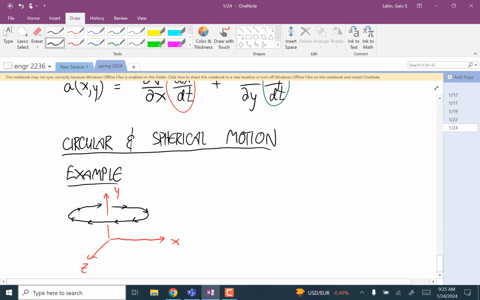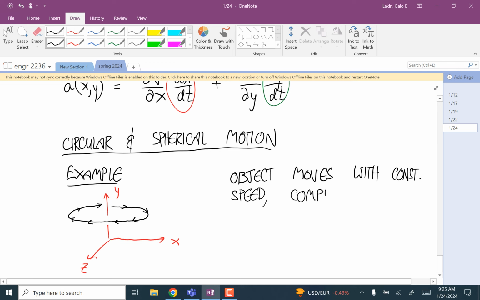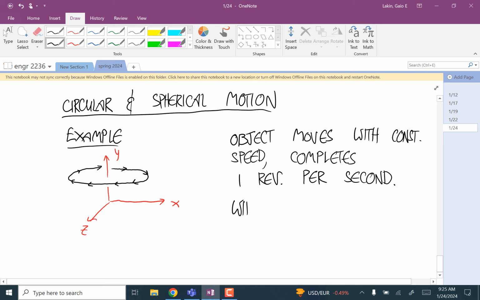And this object moves with a constant speed and completes one revolution per second. And we want to know what's the angular velocity vector.